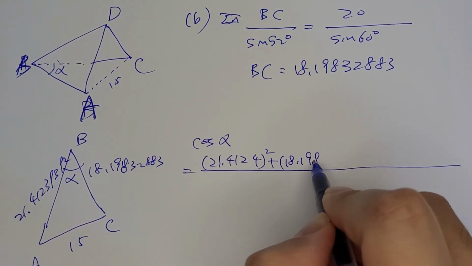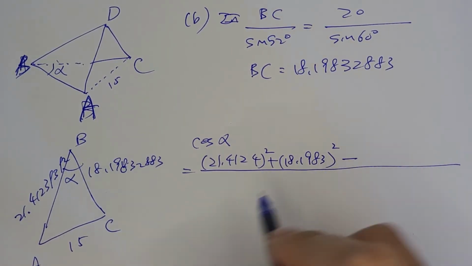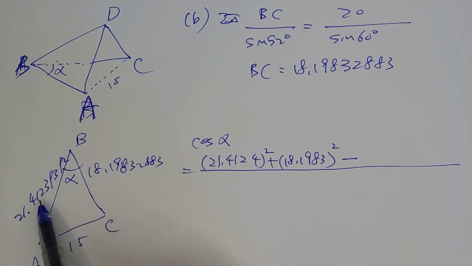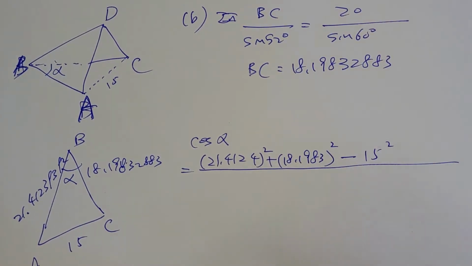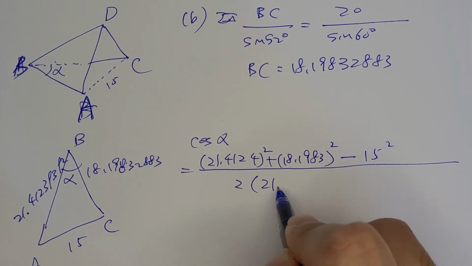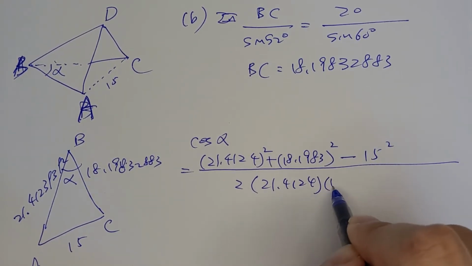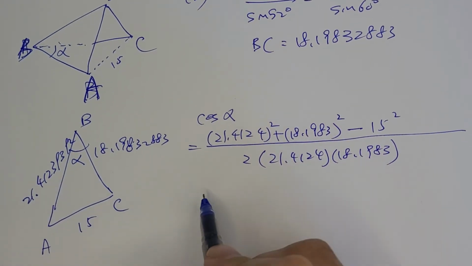To prevent rounding error. The sum of squares of the two adjacent sides of the angle, minus the opposite side squared, and then over 2 times these two sides. So you can find alpha, okay.